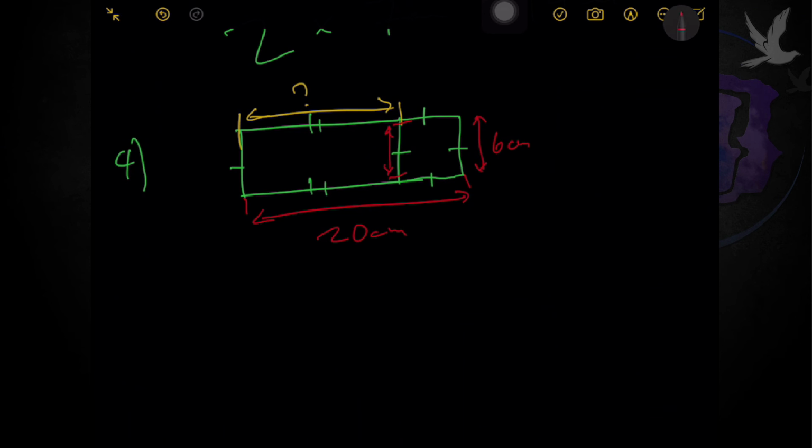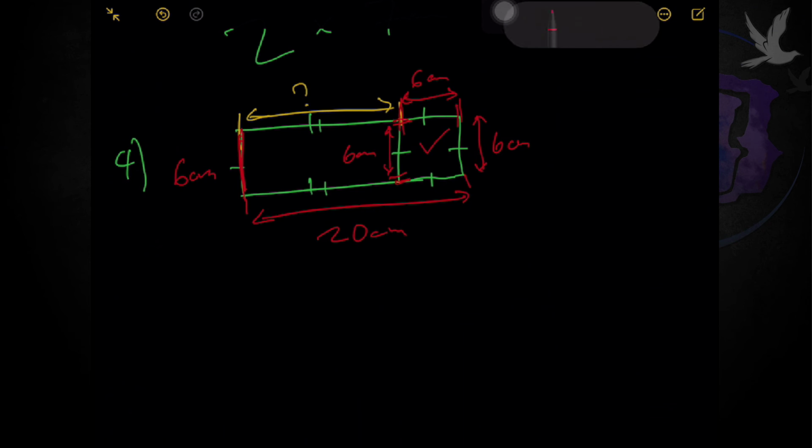This is a square, so we can say that this also measures 6 centimeters. And since this measures 6 centimeters, this side also measures 6 centimeters. And since this is a square, the topmost part measures 6 centimeters as well.